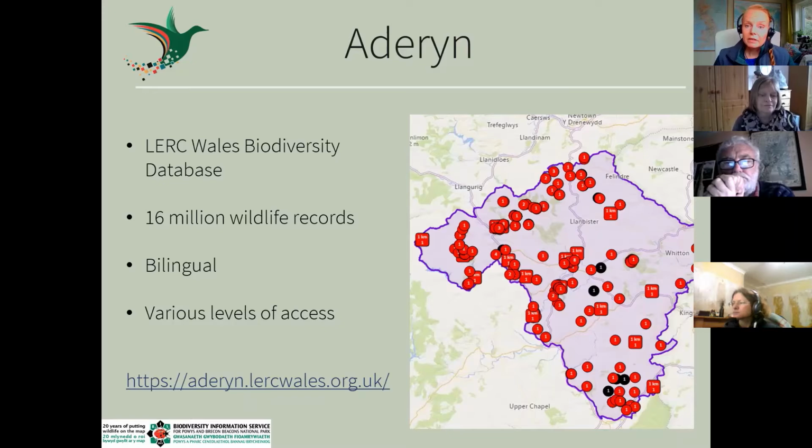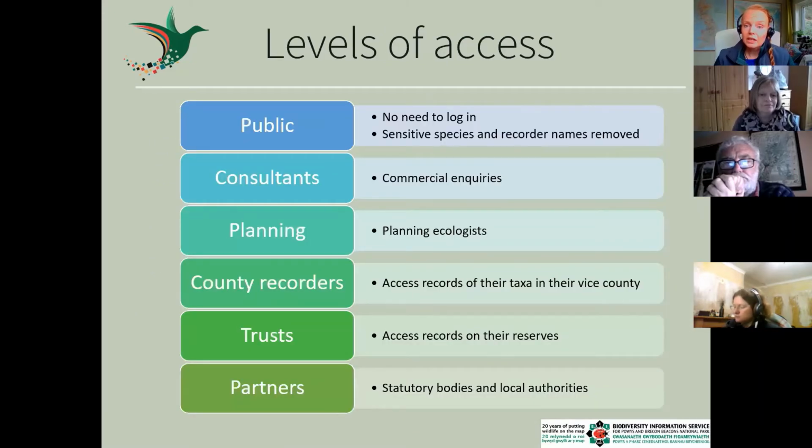So those various levels of access. Today we're going to look at the public access. So that is available to anybody to use. They just go to the website and you can use it. There's no need to log in. You don't need to register. And for that reason, some sensitive information is removed from that public access. It's so that we can make sure that the right people have access to the right level of information.